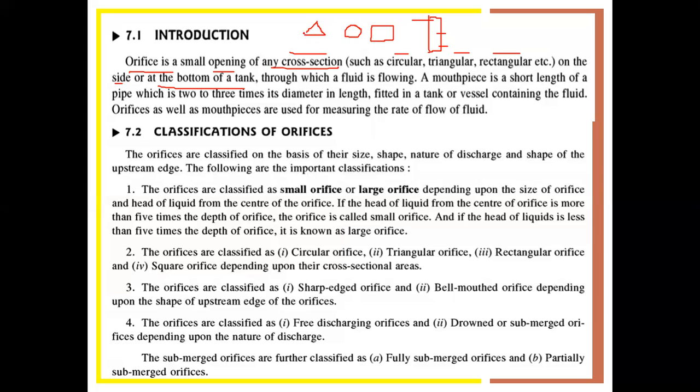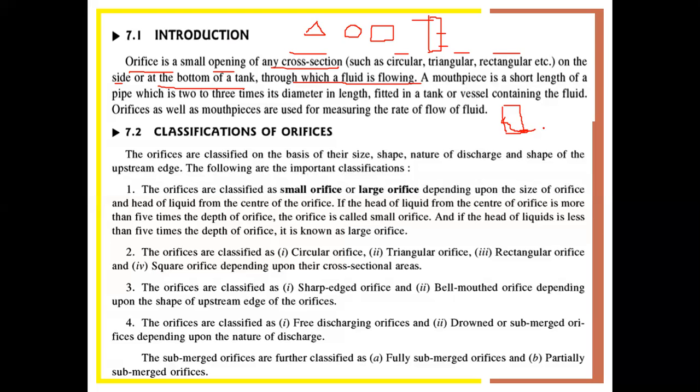Then, the fluid is flowing through it. Just like if you take your water tank, at the bottom you have an aperture where the water is flowing. Through this the fluid is flowing.